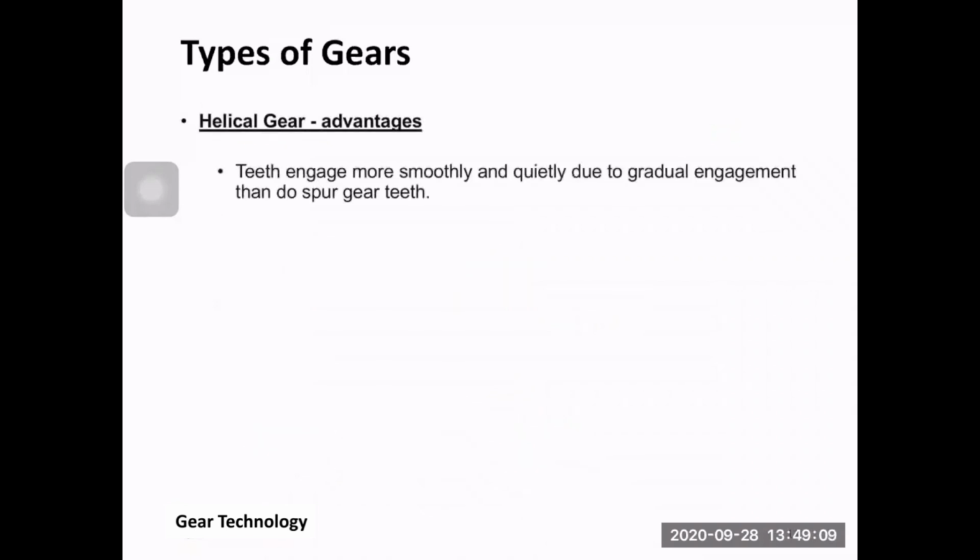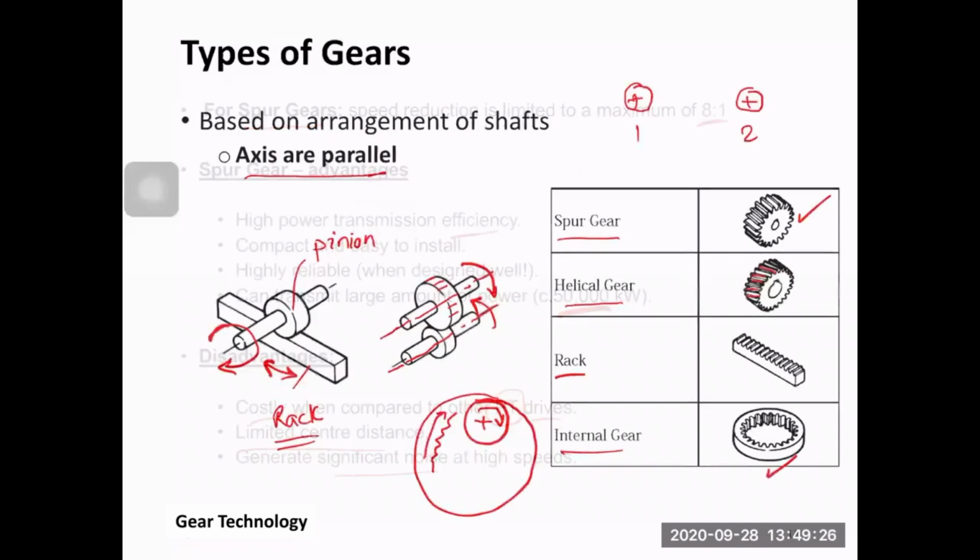For helical gears, the second type, the teeth engagement is smoother compared to the spur gear. When two spur gears engage, the contact between the two teeth is on a line.